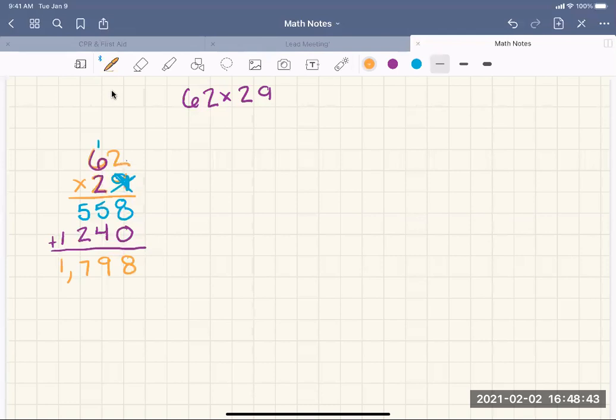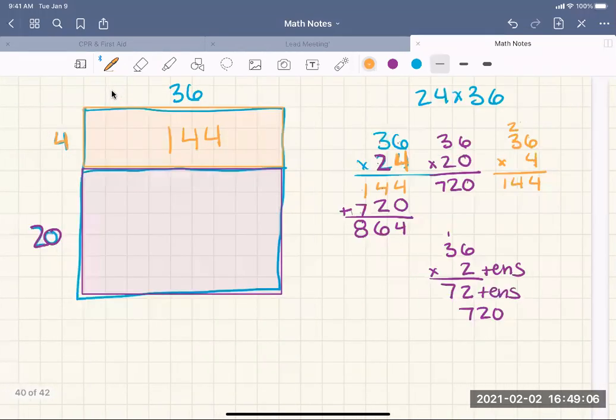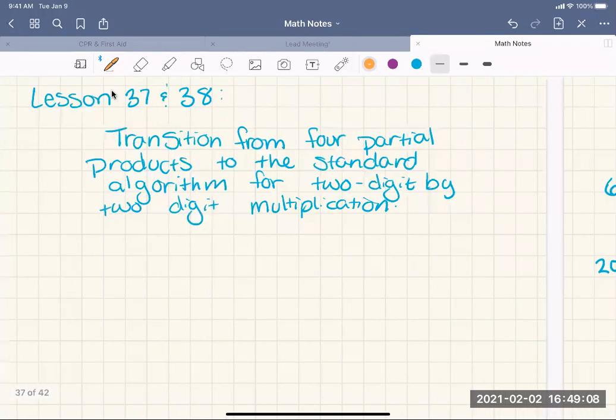However, we want you to practice the standard algorithm, but if you have a certain specific strategy that works for you, then stick with that strategy. Okay, unless the directions say otherwise. So we want you to practice these specific strategies, but on the assessment, you will not be required to do the specific strategies. So let's just quickly scroll through and look at the different strategies we've used.